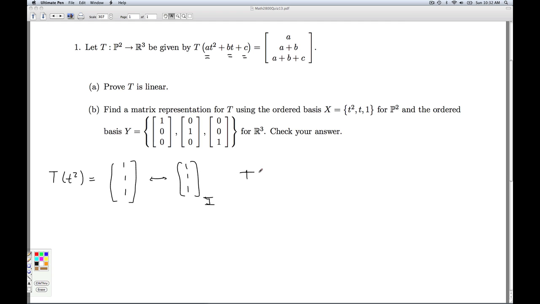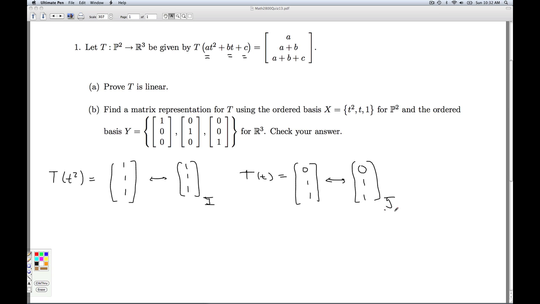Now I take T of t. So that's 0 t squared, 1 t, 0. So (0, 1, 1) is what I get out of that. And if I express that as a linear combination of those three vectors, I'm going to get the coordinate representation to be (0, 1, 1).